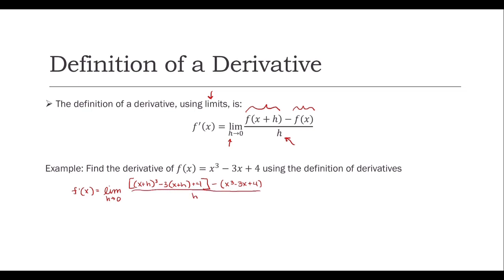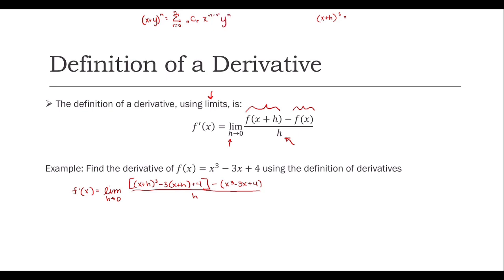So we'll start by figuring out what x plus h cubed is expanded using our binomial theorem, which says that x plus y to the nth power equals the sum from r equals 0 to n of n choose r times x to the n minus r times y to the r.